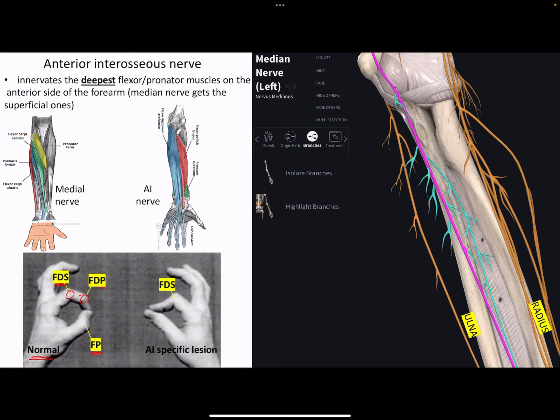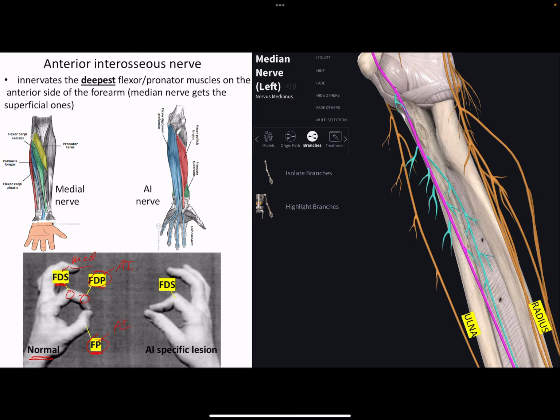What happens if I have a specifically anterior interosseous lesion or palsy? That means that the superficial muscles from the median nerve are being innervated, but the anterior interosseous is not being innervated. This one is deep, and this one is also deep, which means these are both AI, and this is AI. Well, this one is just median.